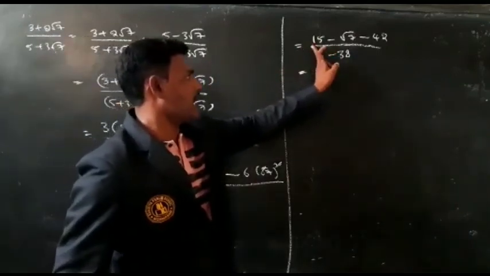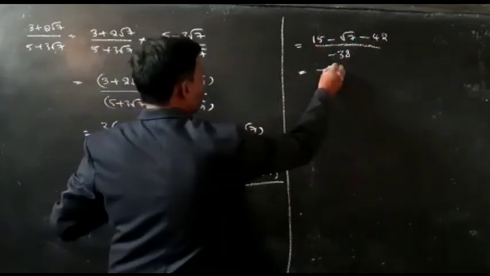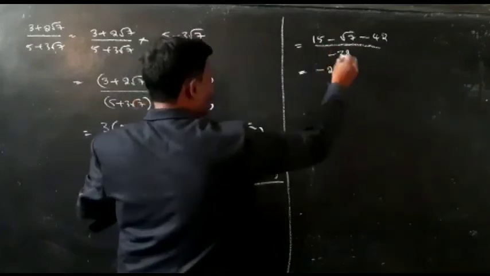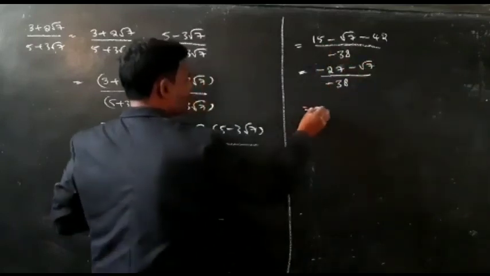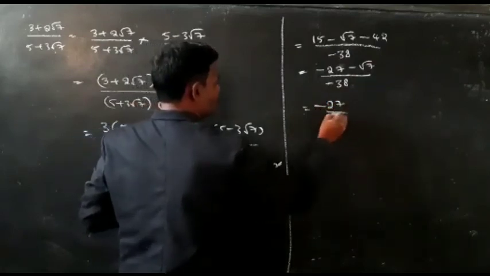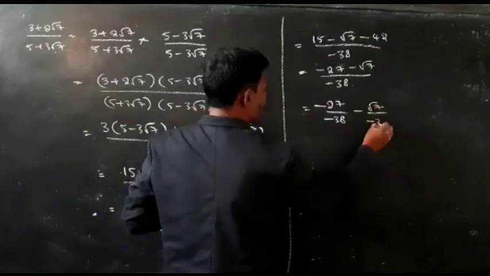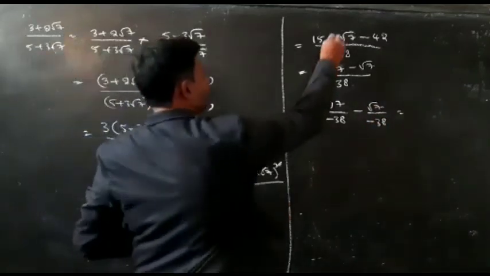So subtract 15 minus 42. What do you get here? Minus 27. Minus 27 plus root 7 by minus 38 is equal to minus 27 by minus 38 plus root 7 by minus 38.